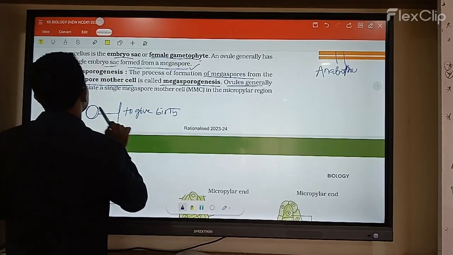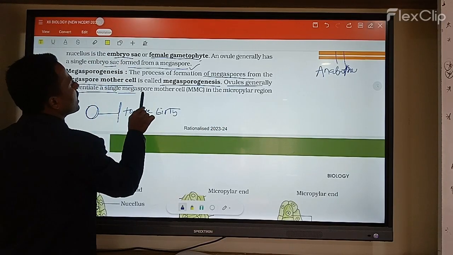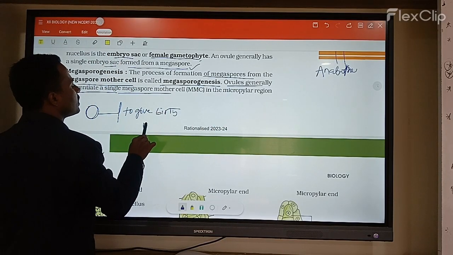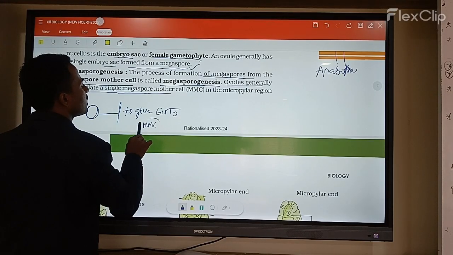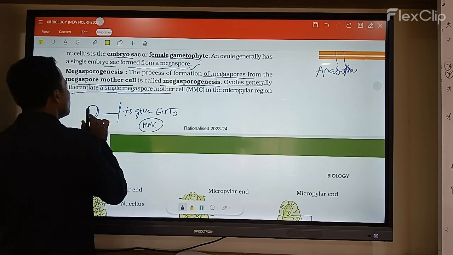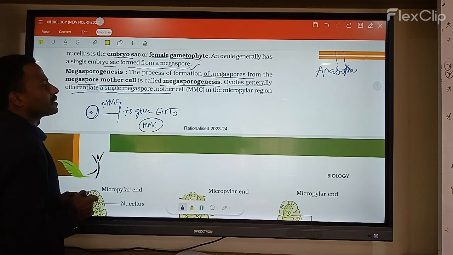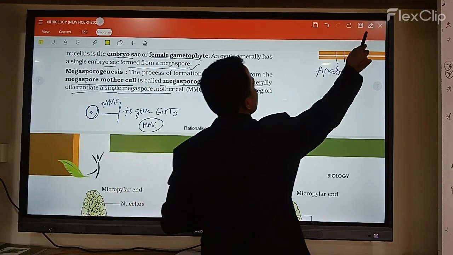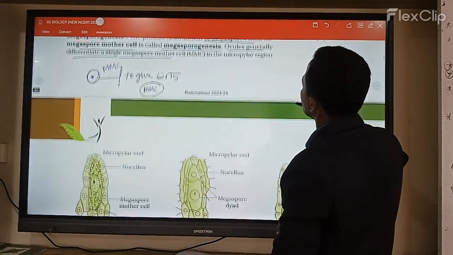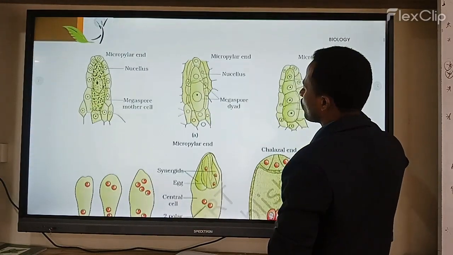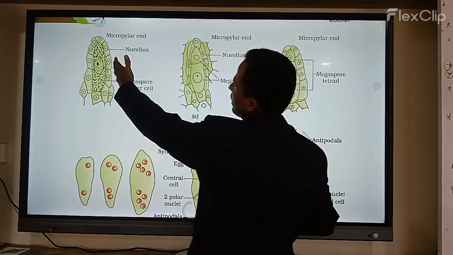Ovules generally differentiate a single megasporangium mother cell, the MMC. MMC stands for megaspore mother cell. It develops in the micropylar region. See, they have given it clearly here.